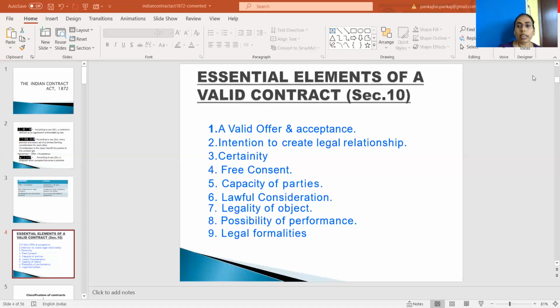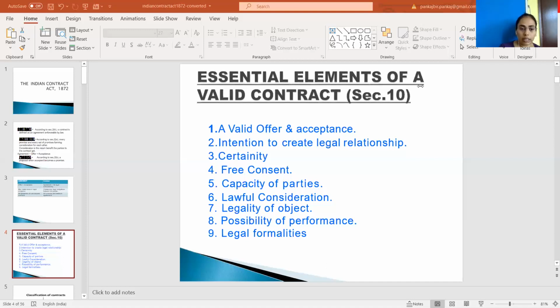Next essential is capacity of party. So what is capacity of party? That means at the time of making a contract, the parties should be capable of making a contract. And there are 3 points related to capacity given in the Contract Act: the person should not be a minor at the time of making the contract, so a minor person cannot enter into a contract. Second, the person should be of sound mind, so an unsound mind person cannot enter into a contract.